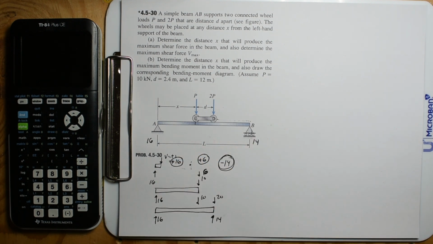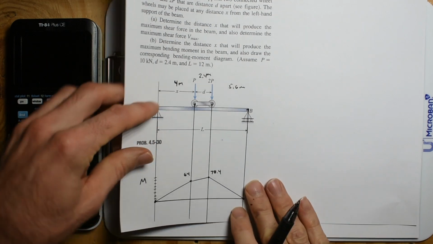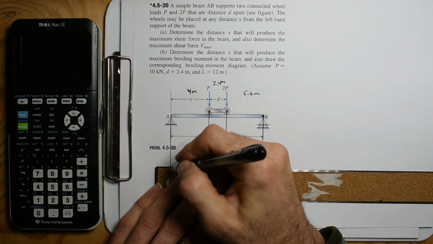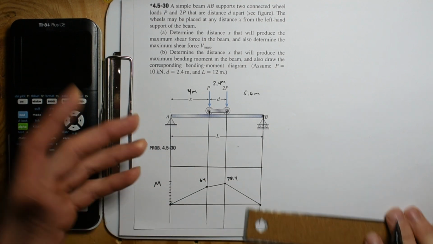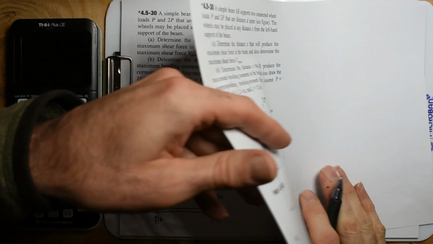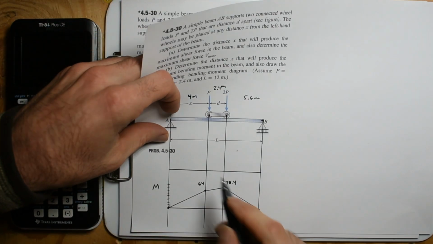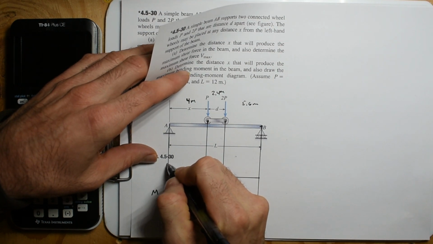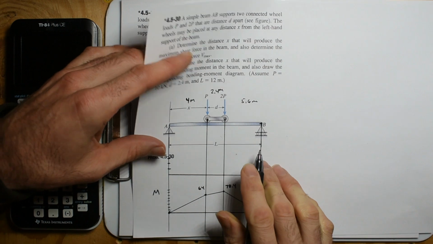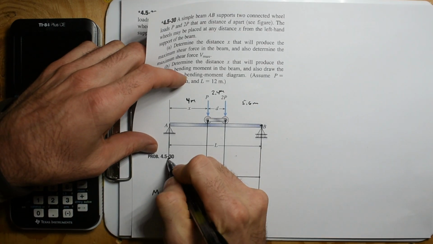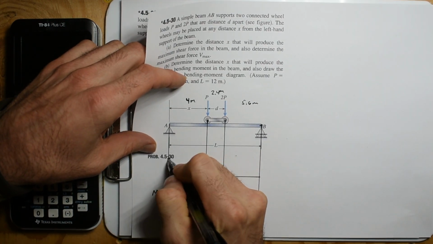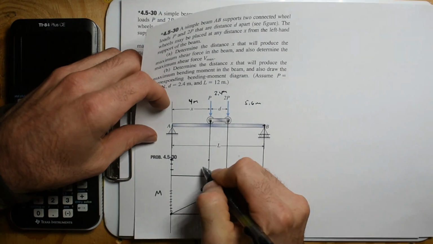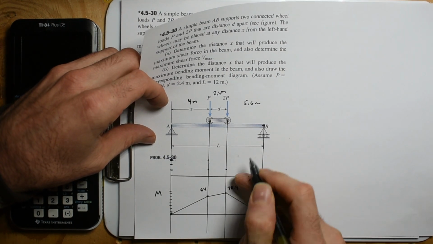So sweet. Now we can grab our sheet of paper, and we're going to do a shear diagram. Sometimes it's just good to go with the convention. So we're going to do 5, 10, 15. The first one's going to be 16, so we're going to be right to there. Then we're going to be at 6, right to there.